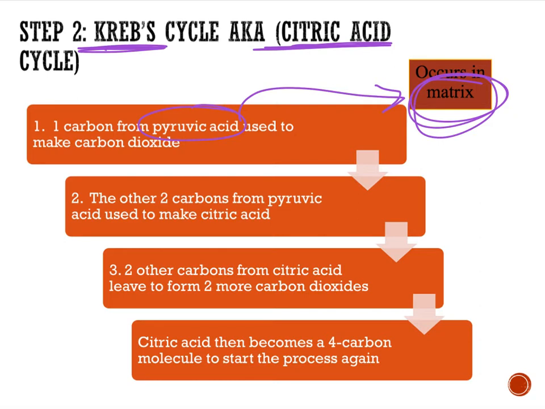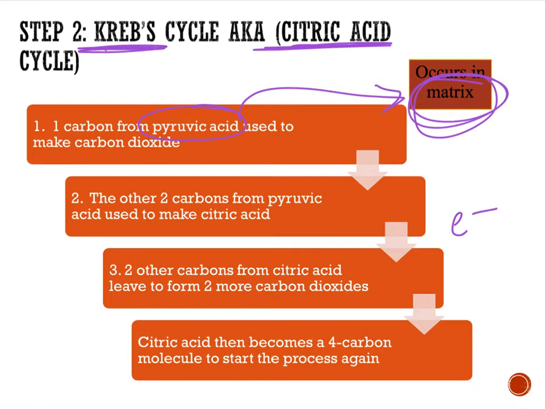So what happens here, and I'm going to show you a diagram in a second, you have a series of bonds being broken and combined. What that does is it helps to release energy, and it also helps to release electrons. That's what we want.